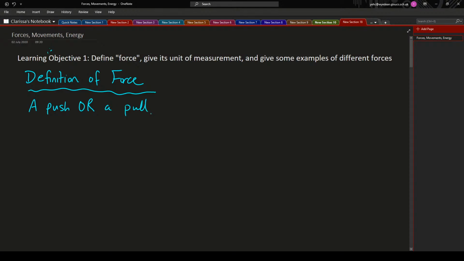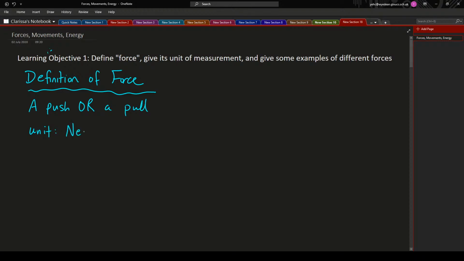Whenever you see a scenario where there's a push or a pull, that is a force happening. And then we're going to go into more detail about this in all of our examples of different types of forces, so you can see why we have this very broad definition of a force being just a push or a pull.